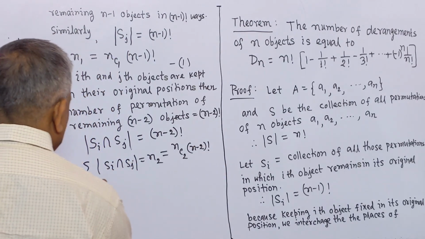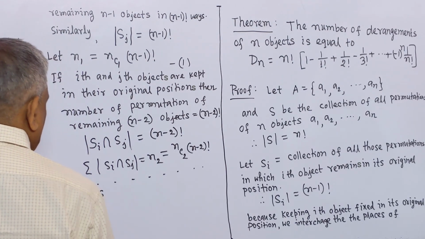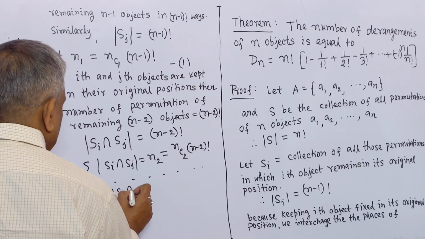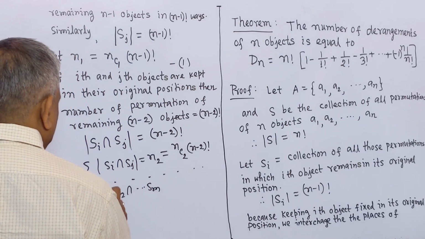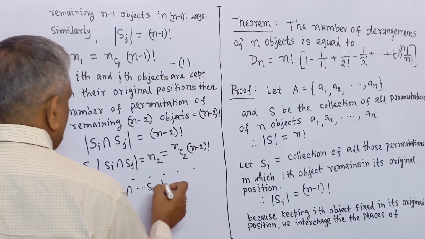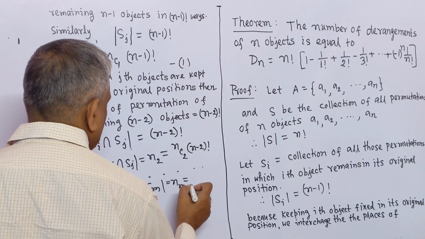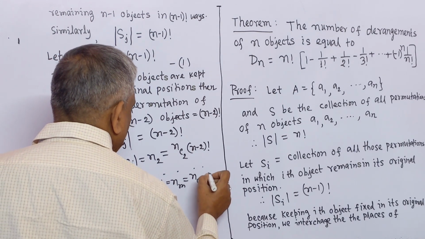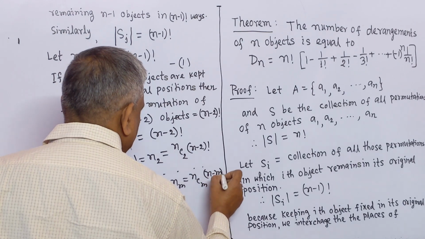And similarly we may take S1 intersect S2 intersect ... intersect Sm, summed. This is equal to Nm, equal to nCm (n-m)!.